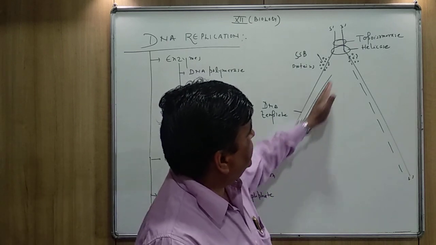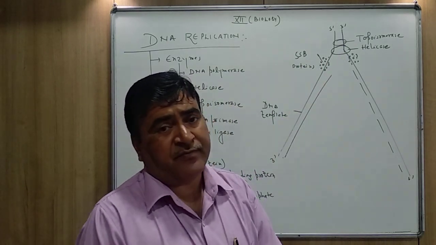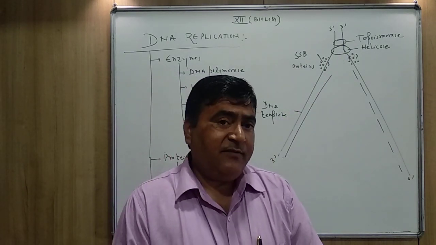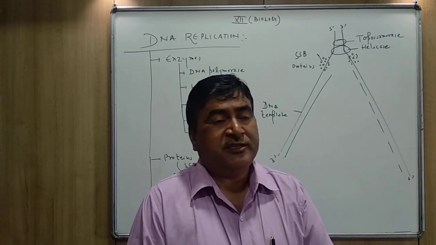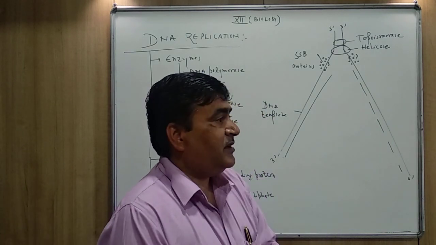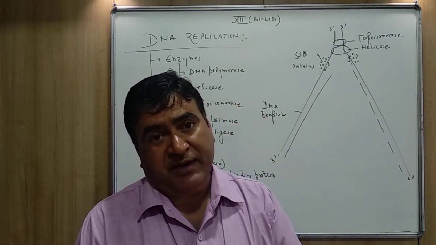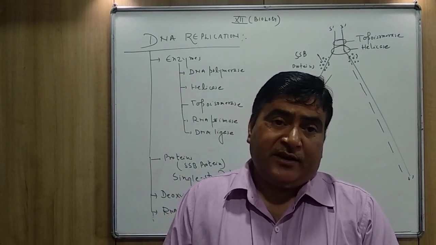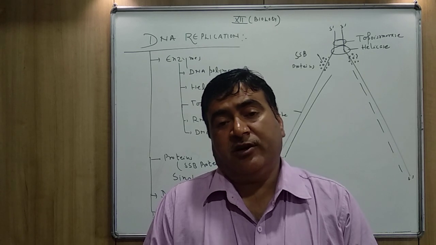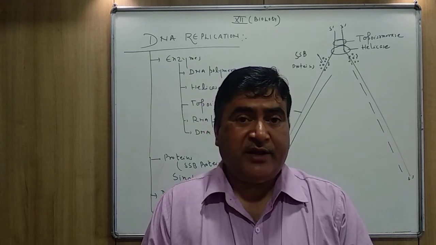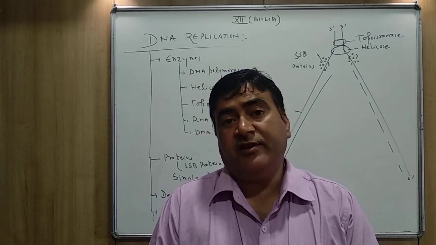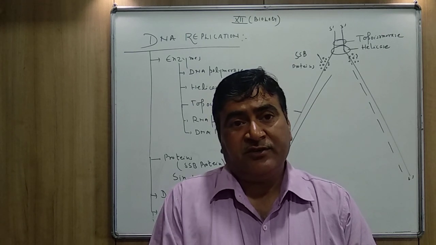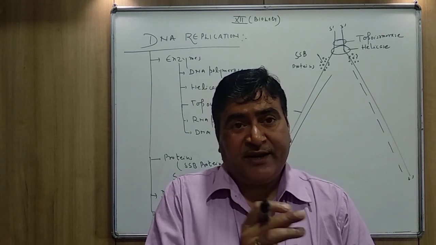It goes in this direction, then comes back and checks if any wrong nucleotide has been added. It can remove it and replace it with the correct nucleotide. So it also helps in proofreading, in editing the nucleotide, whether it is wrong or correct.